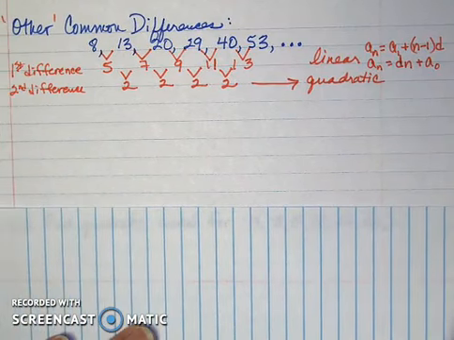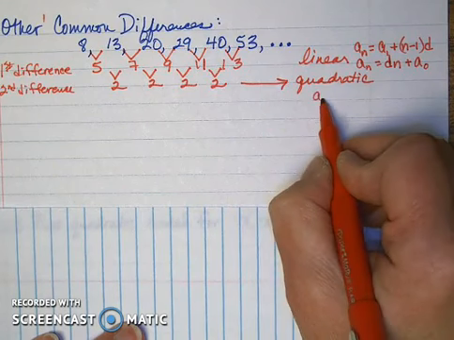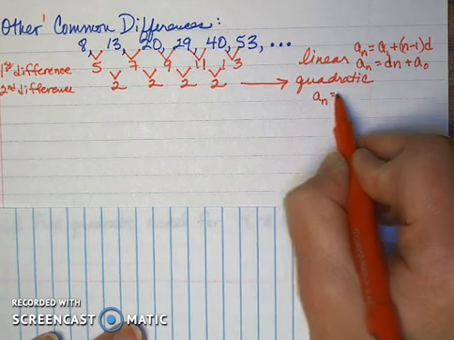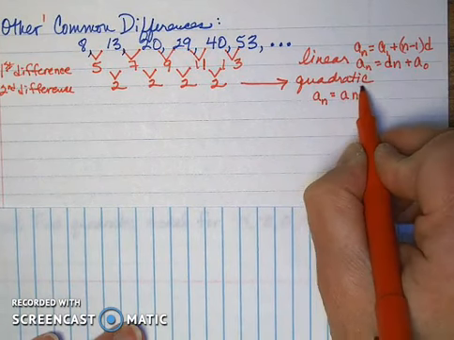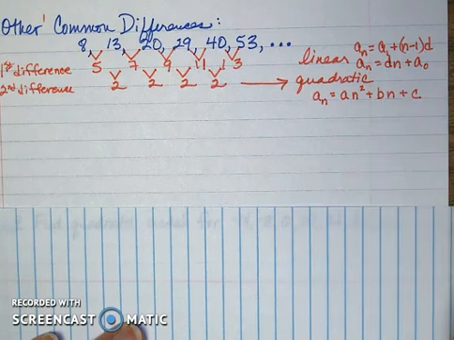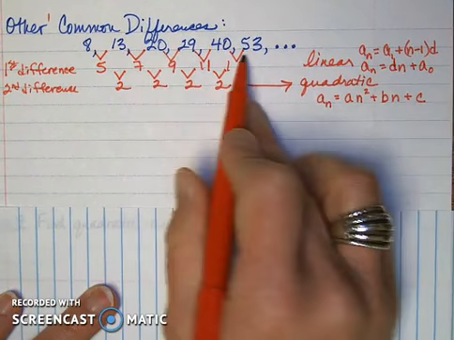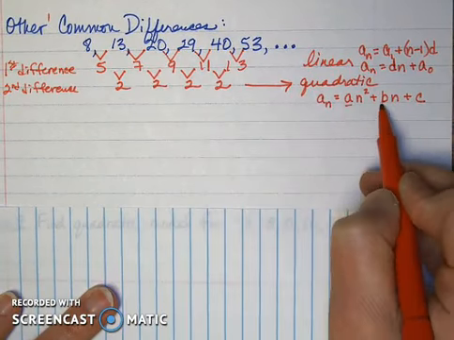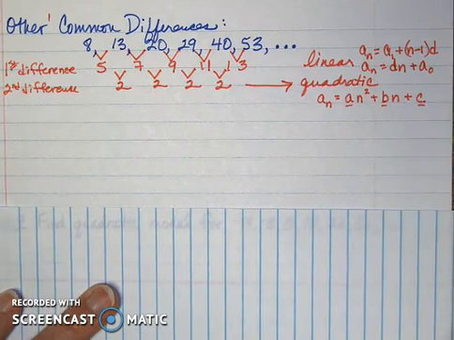Now if you have a quadratic, you're going to have the form, the nth term would be our normal quadratic formula, a n squared plus b n plus c. So you need to use the series somehow to calculate the a, the b, and the c. And this is remarkably easy.